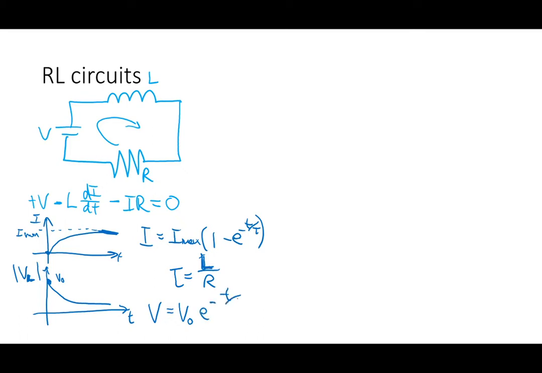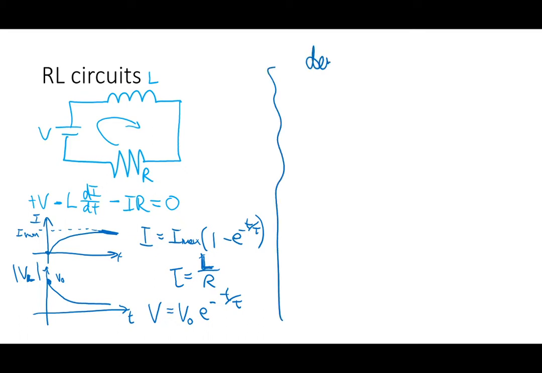So that's just a simple e to the minus t over tau like that. Again, R is all the resistance in series with that inductor. So you can compare this kind of scenario with the RC circuit that we did. Very similar forms. It's just picking the right one and rationalizing whether it starts at 0 and goes up to a certain value or starts high and goes low.